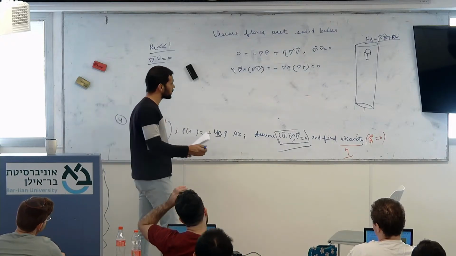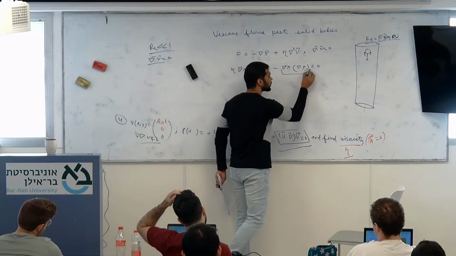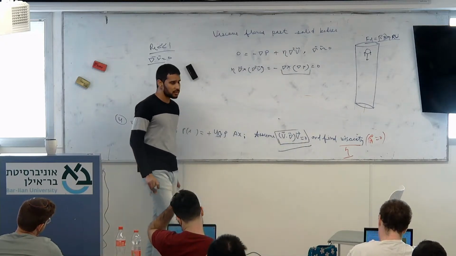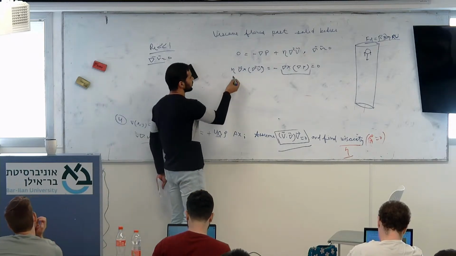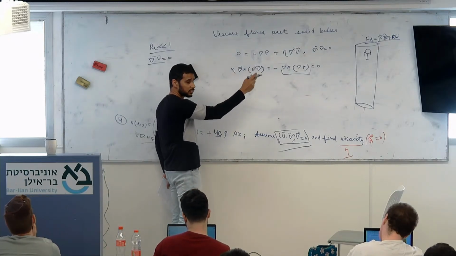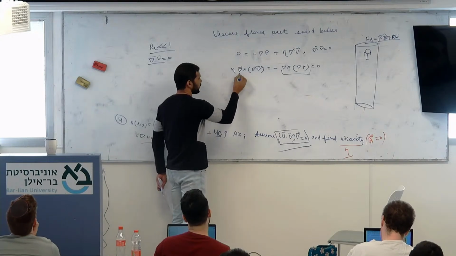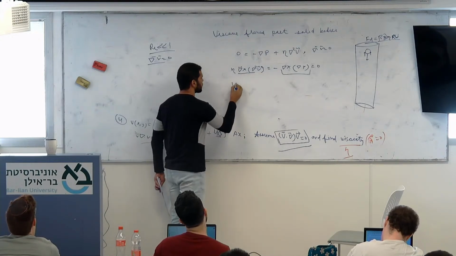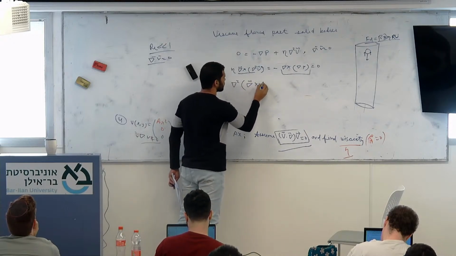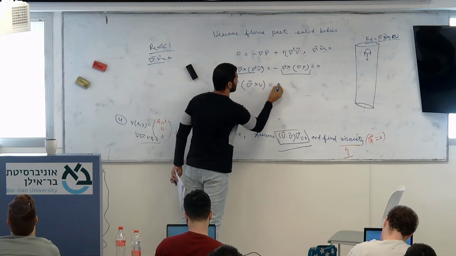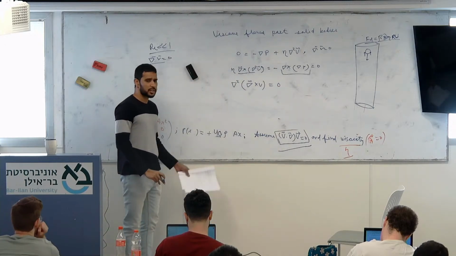Curl of gradient is 0. This is always 0. Okay? Eta goes out. And I can flip these operators. What is curl of V?